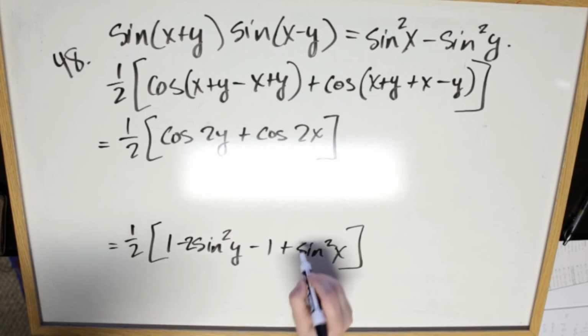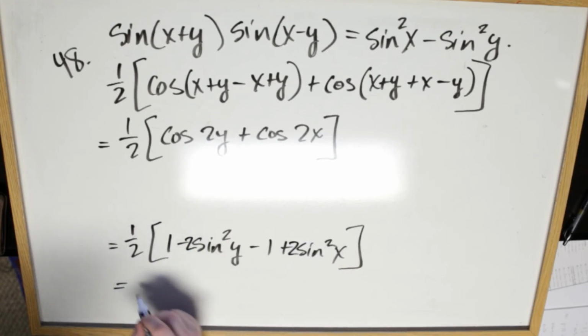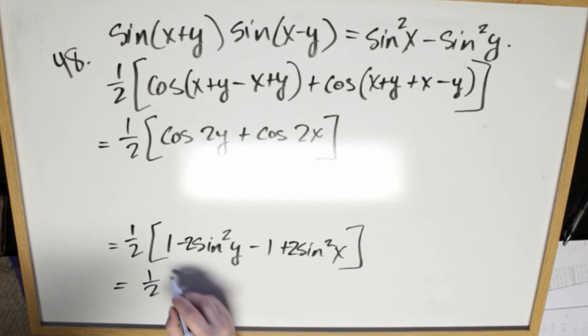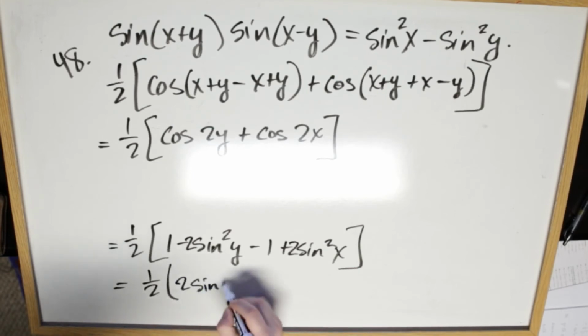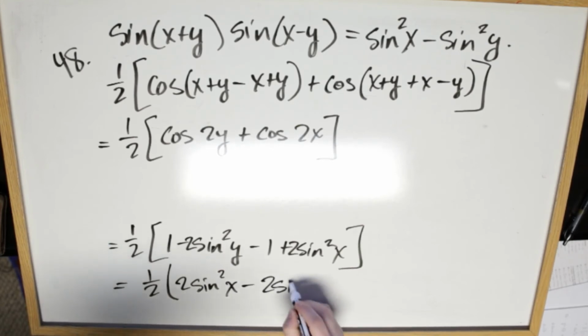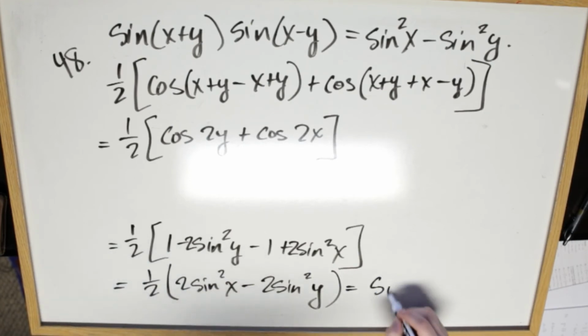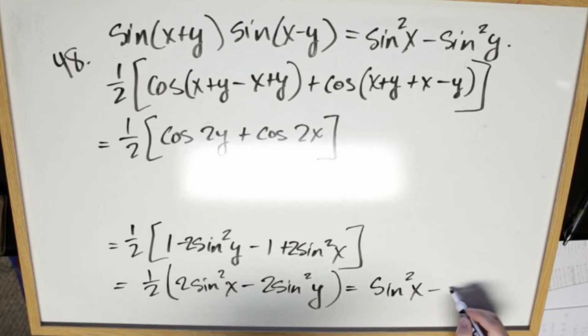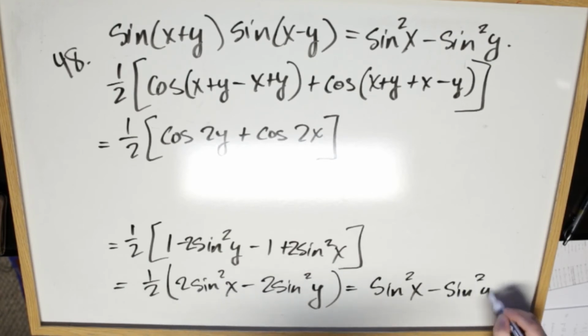There's a 2 in front of these. So I'm left with 1/2 times 2 sine squared x minus 2 sine squared y. And the 2's are going to cancel with the 1/2, so this is literally the same as sine squared x minus sine squared y. Okay? And that's our answer.